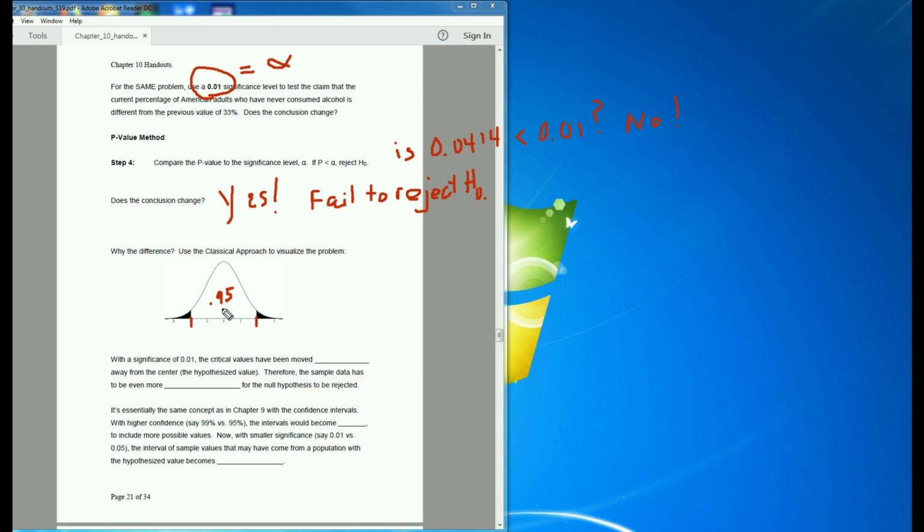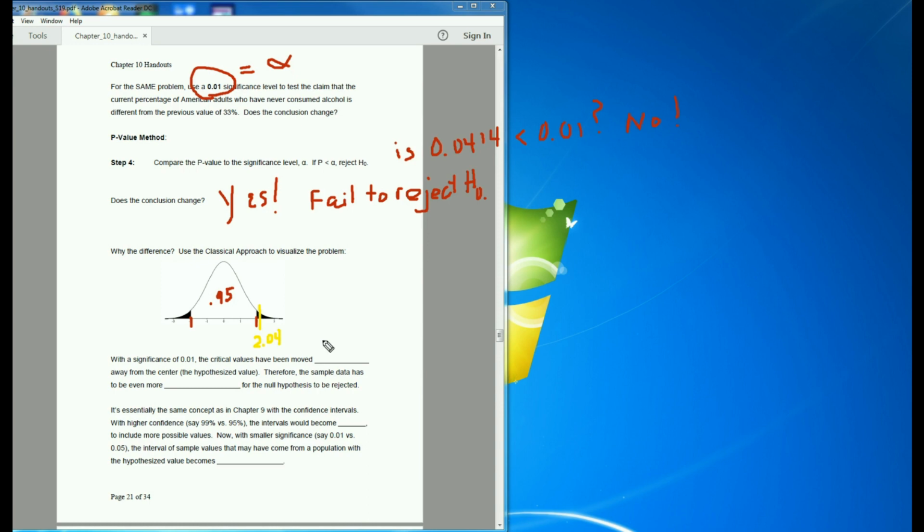So these numbers are familiar, negative 1.96, positive 1.96. And when we compared our test statistic, it was 2.04, which was just a scooch past the critical value, so we rejected it.